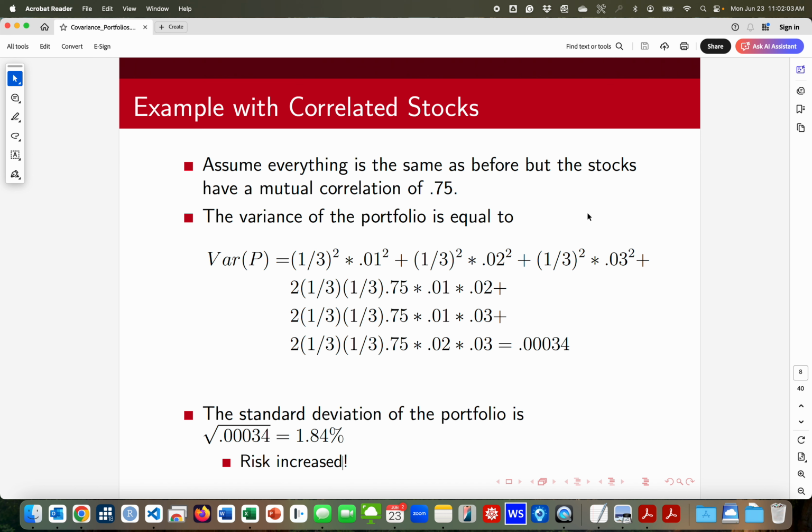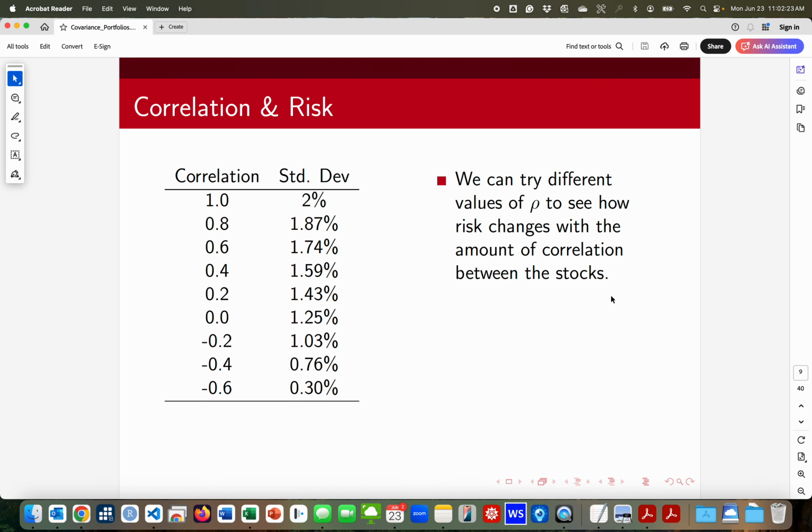If one goes down, they all go down, because we are assuming the returns all are positively correlated. So this is where you have to be careful when you're building a portfolio, because you don't want to build a portfolio with things that are all moving in the same direction at the same time, because doing that actually increases the risk of that portfolio.